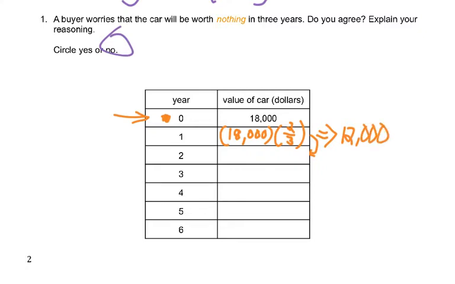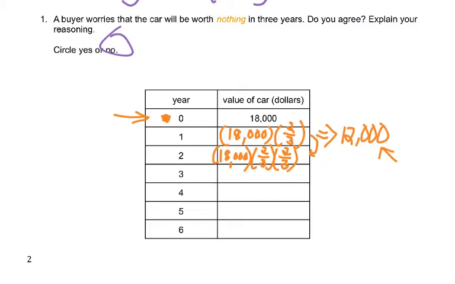I can keep doing that. I can take 18,000 and now I've got to multiply again by 2/3, because remember, every year I have 2/3 remaining from the previous year.